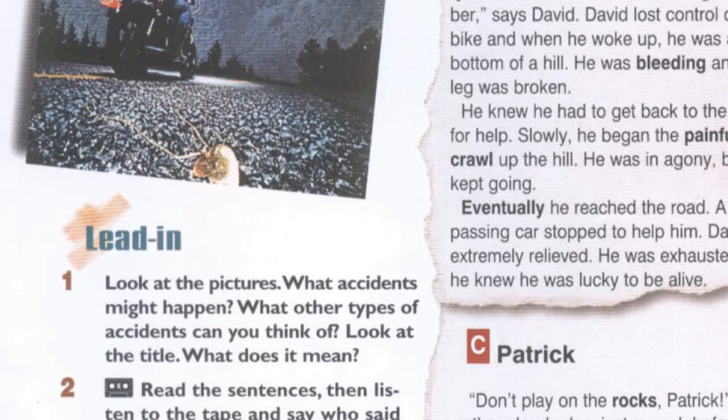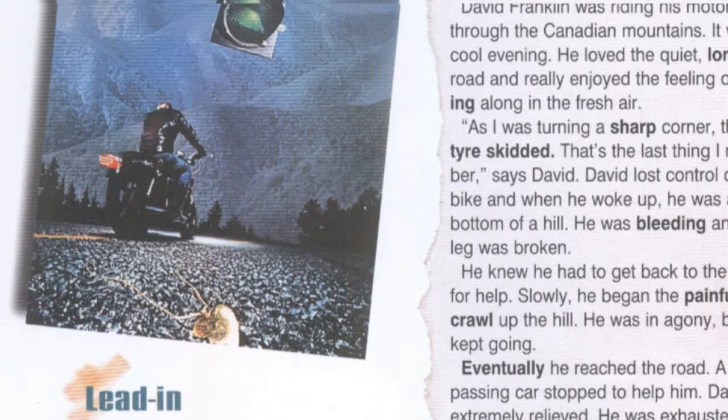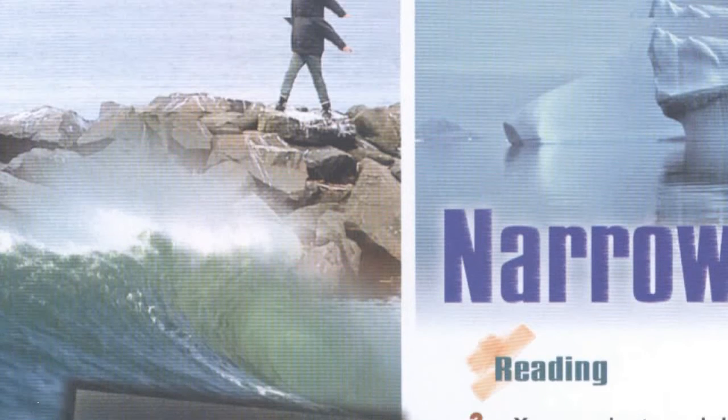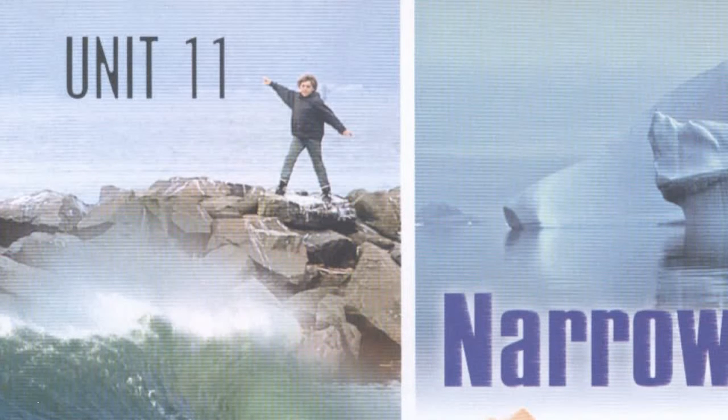Let's look at the picture and talk about accidents. For example, in the first picture you can see a boy standing on the rough, rocky shore, and he might slip off the rocks and fall into the sea. That is the first accident that we could think of.